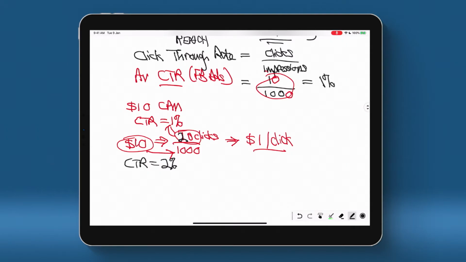So what's happening here right now is that the CTR has resulted in twice the number of clicks because it's a doubling of the CTR. So instead of getting 10 clicks, we now get 20 clicks. But we still pay the same amount because the charging model is CPM. And therefore now we are able to divide, instead of 10 clicks over $10, we now divide 20 clicks over $10. And the result therefore is we get twice the value or half the price.